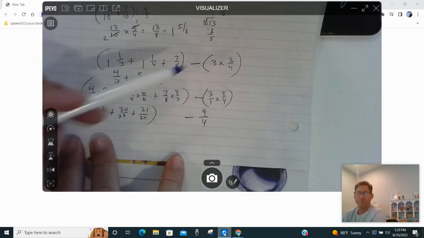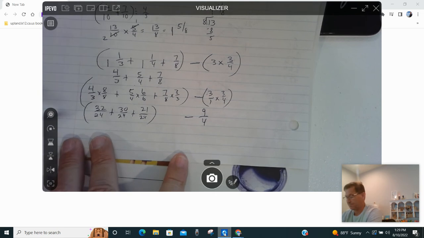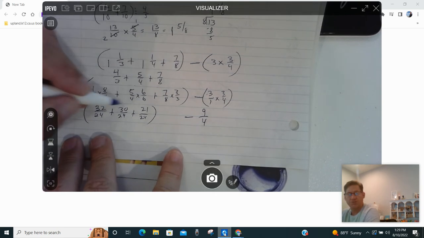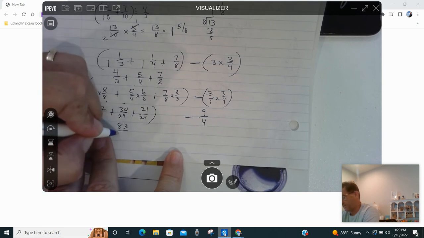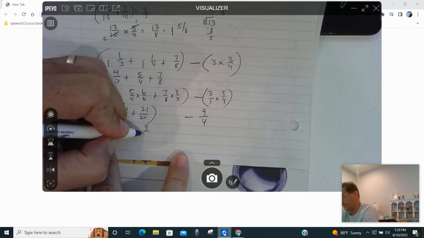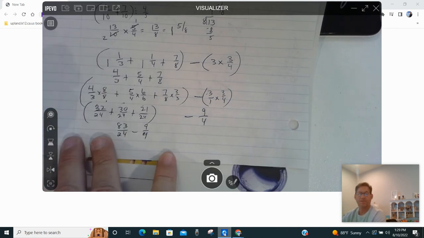And 3 times 3/4 is 9/4. So we have 62 plus 21 is 83 24ths minus 9/4.